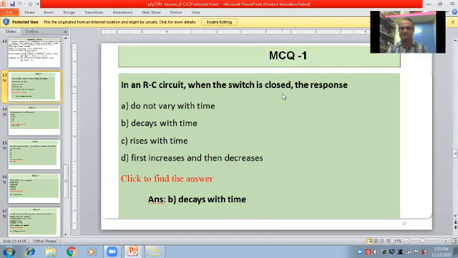If the charging switch is closed, then the answer is the response rises with time. If the discharging key is closed and the charging key is open, then only it decays with time. So you know both the cases.